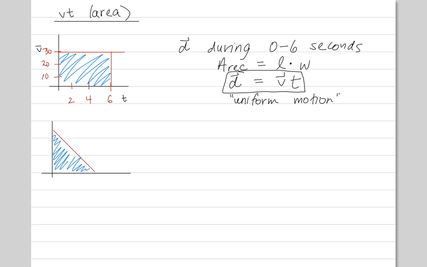Let's just say this is, doesn't matter, like 40, 30, 20. So again, it's VT graphs. Let's say 2 and 4. Let's do that.